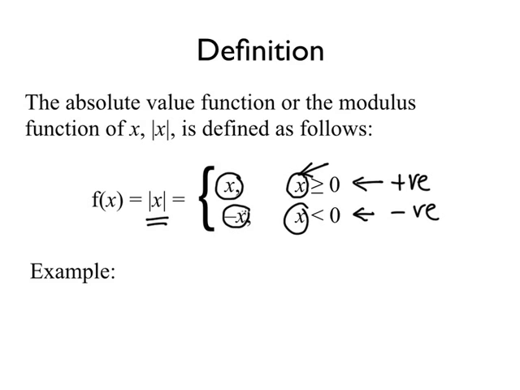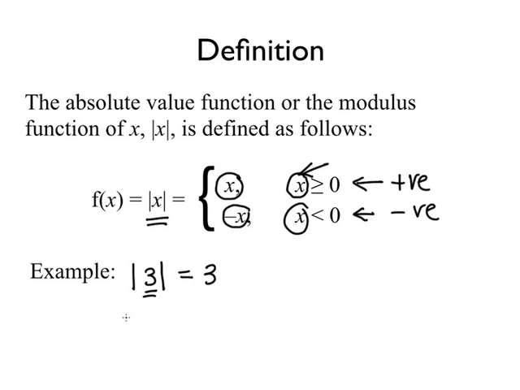Okay, for example, if I have a modulus of 3, finding the absolute value of 3, first I have to ask myself, is this value here positive or negative? Now in this case, this value is positive, and therefore what I get back is just a 3.